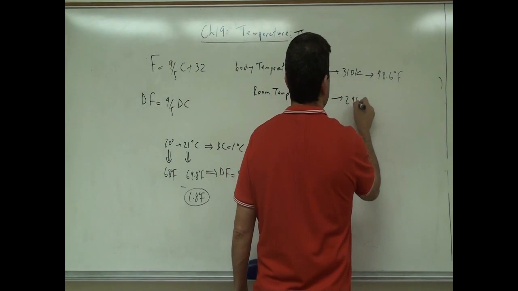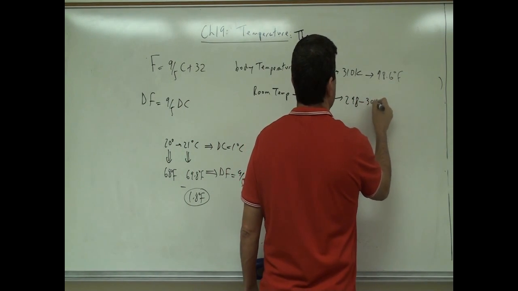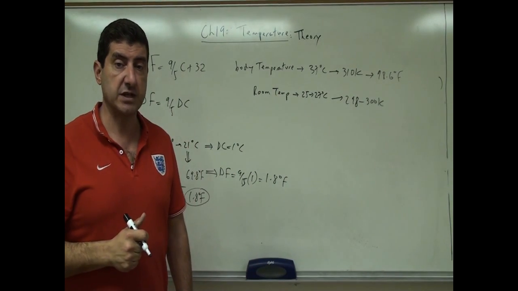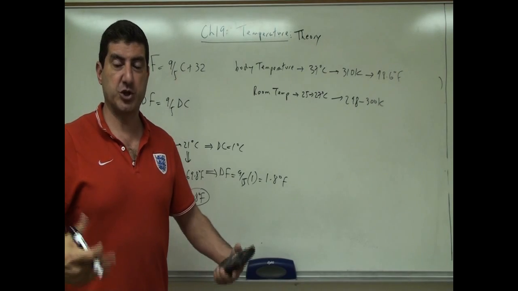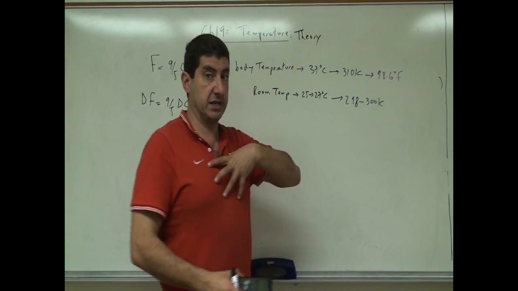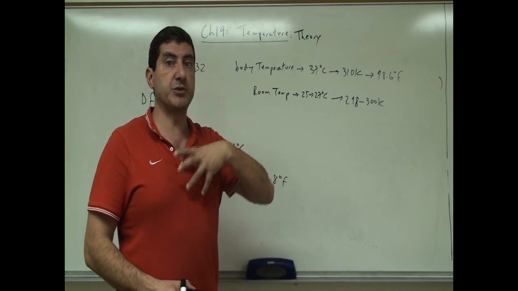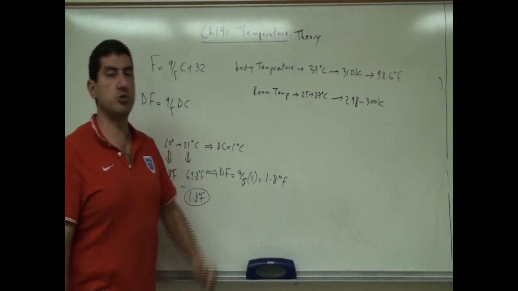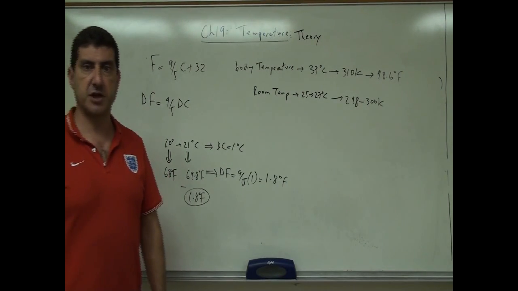So 298 to 300 Kelvin. So just remember as a ballpark that 300 Kelvin is the approximate temperature for a comfortable room temperature, right? And then 310 is the body temperature. So usually our body temperature will be warmer than a typical room temperature, okay? So now we can do some examples based on this. Thank you very much.